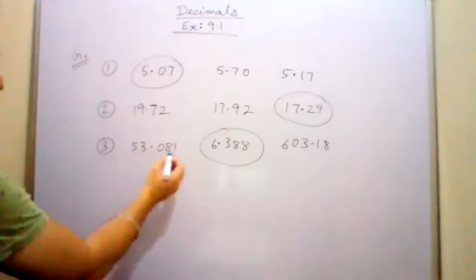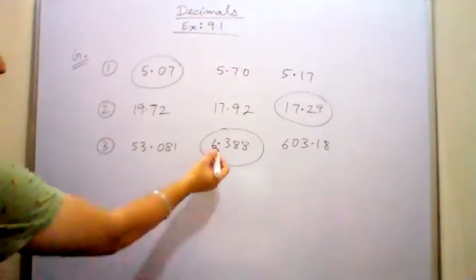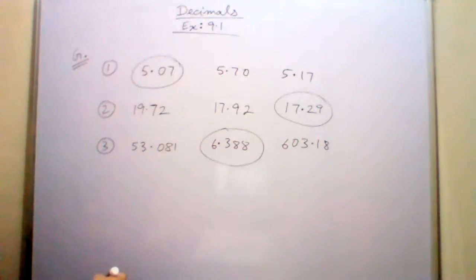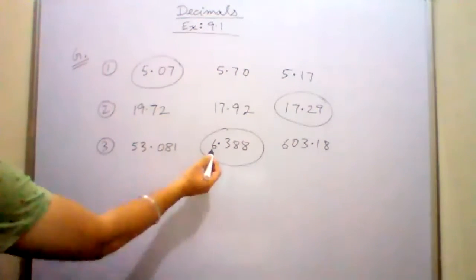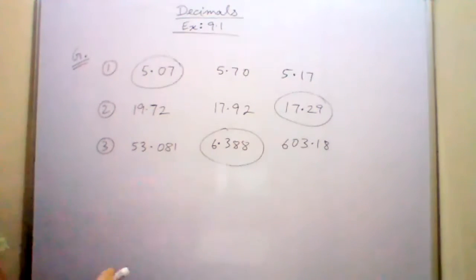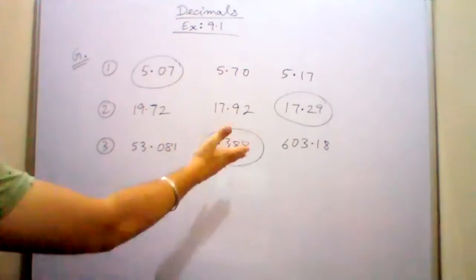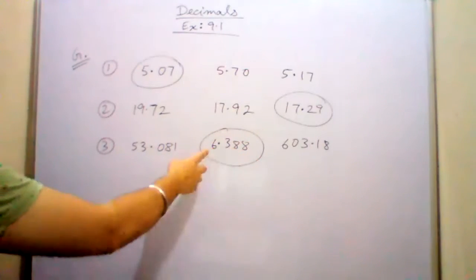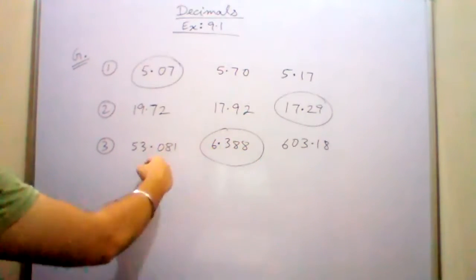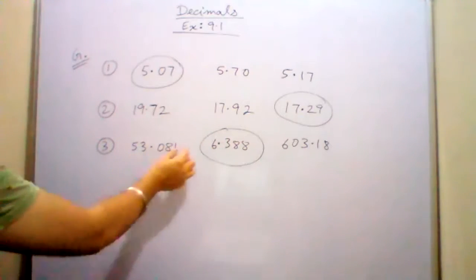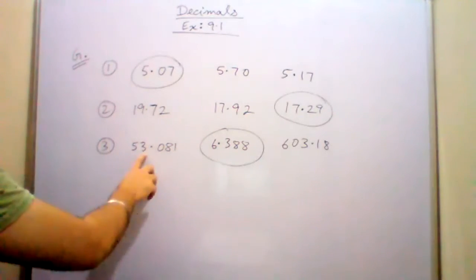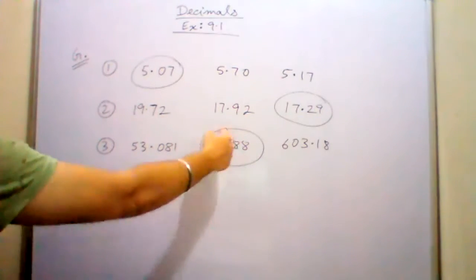This is 53 and this is 6, which one is smaller? This is smaller. Clear? You don't have to look at the digits after the decimal, because the number before the decimal, first you will compare that only. This is 53, this is 6, obviously this is smaller.